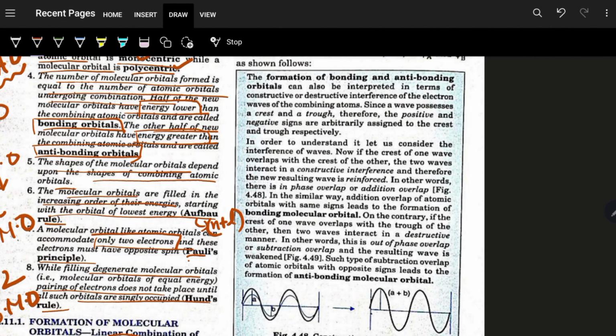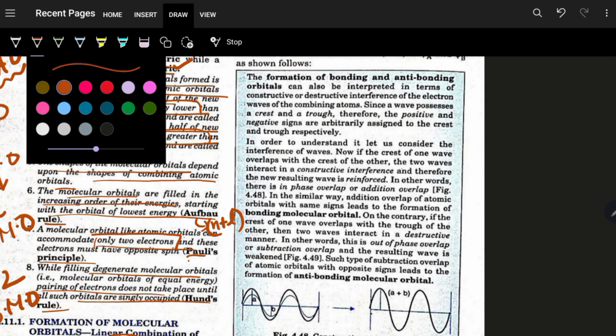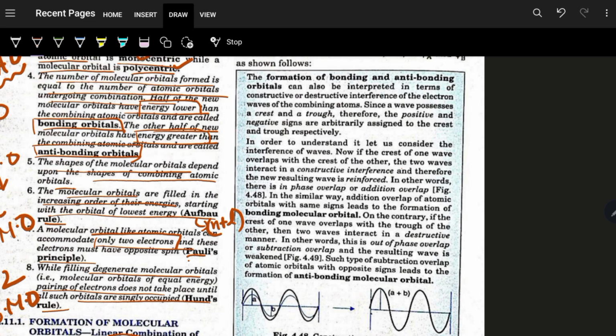For a bonding interaction, two waves interact in a constructive manner. So it is known as constructive interference of two waves, which gives a reinforced wave having a greater amplitude.